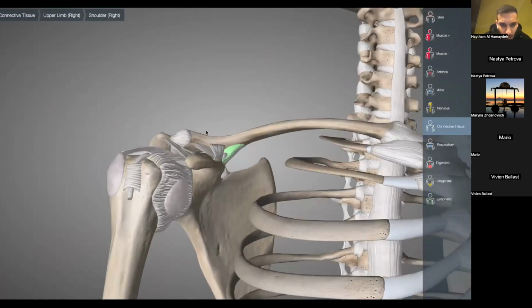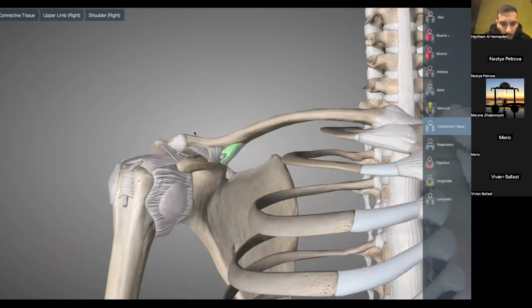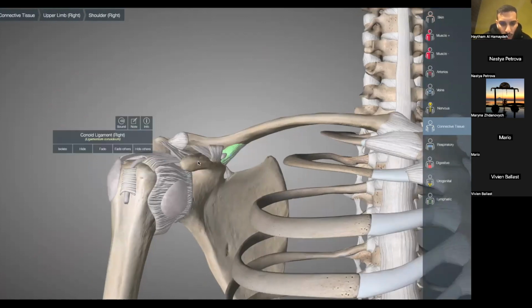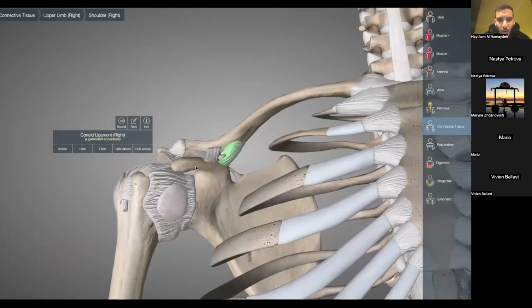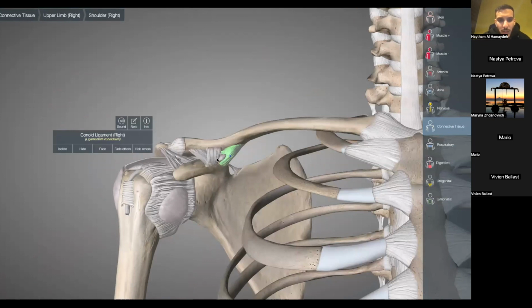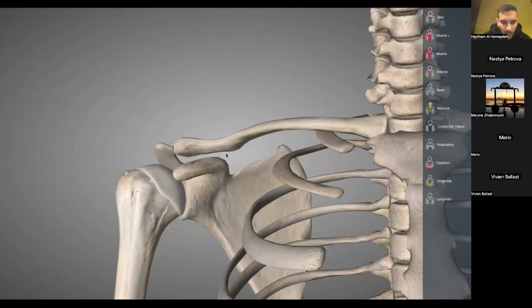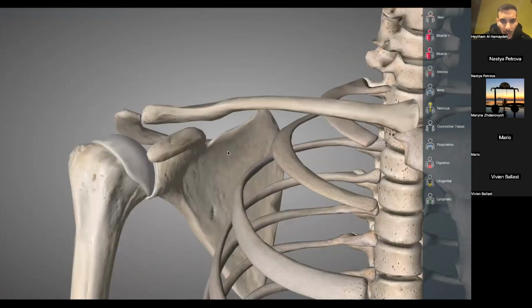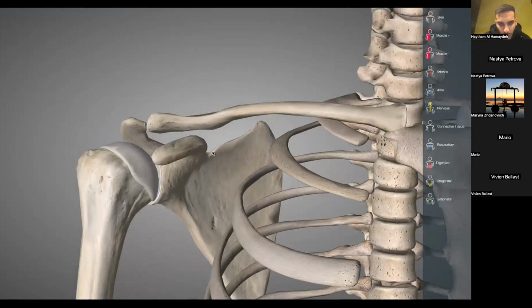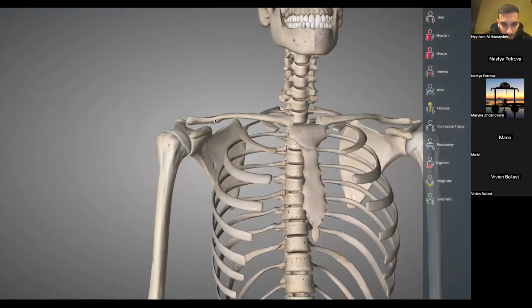Yes, exactly. Coracoclavicular ligament is made up of two parts: trapezoid ligament and conoid ligament. We don't need it now, but we just wanted to mention that the conoid tubercle is there because of the conoid part of the coracoclavicular ligament. Okay.